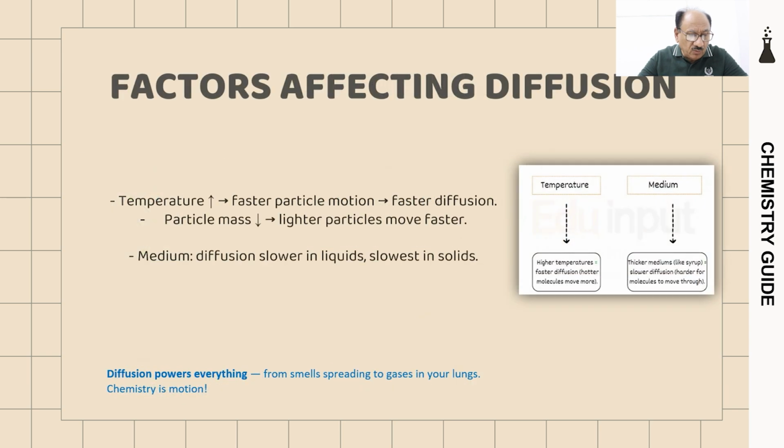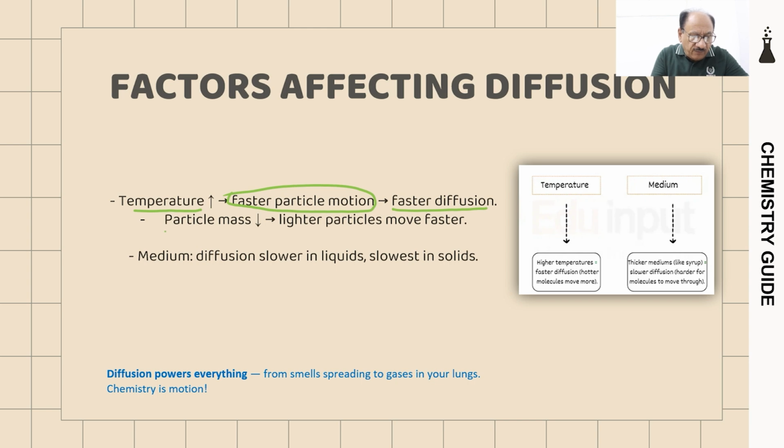Further, we can go through factors affecting diffusion. Temperature is the major thing. If we increase the temperature, molecules will move faster, and when molecules move faster, they will quickly mix up, and the mixture will be formed quickly. So, faster diffusion.